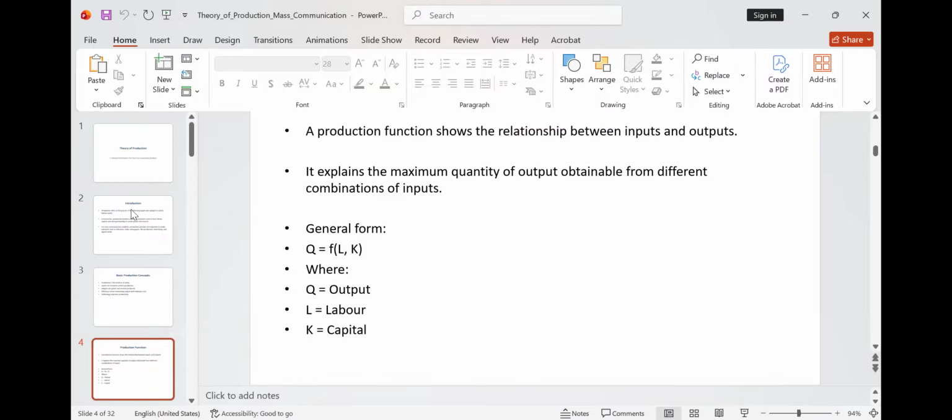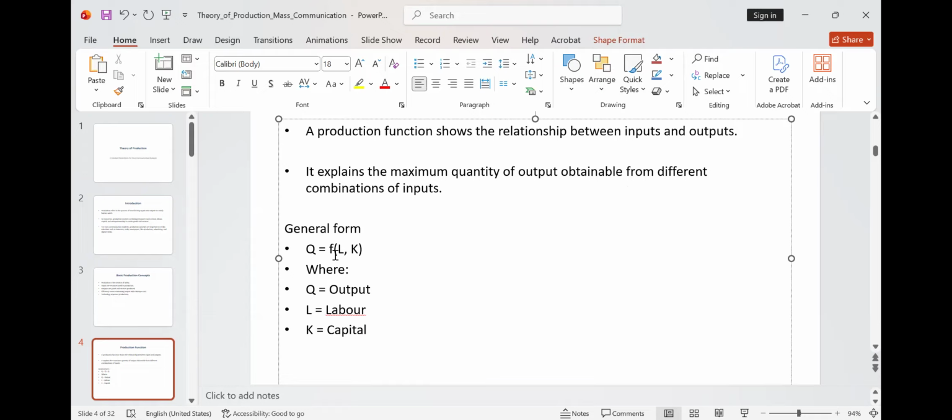If you look at this slide, you have Q is a function of K and L. Look at where I'm pointing. You can see me highlighting it in red.